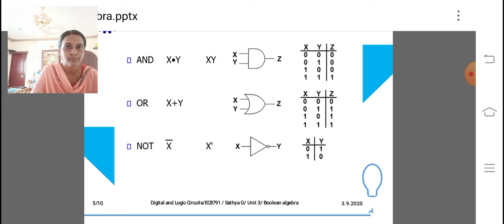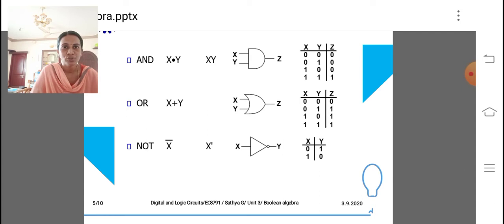Here x, y is the input, and the combinations are 0 0, 0 1, 1 0, 1 1. If both the inputs are high, then only the output will be high. That is the function of the AND operator. Only if both x and y are 1, 1 does the output become high.